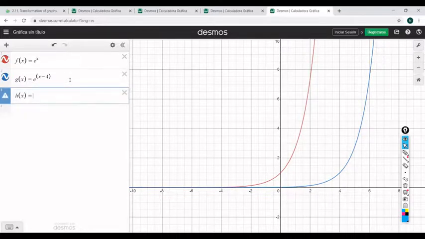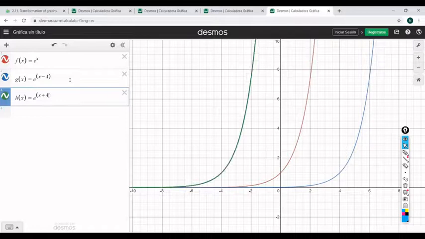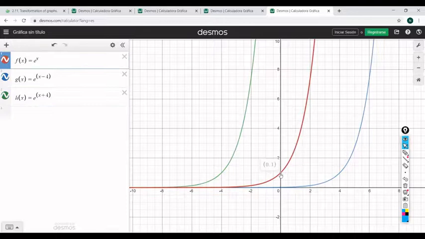If I want to do the opposite, like shifting to the left, I'm gonna need to add 4 units to my variable x, and we get this new shifting by 4 units. How do you know it's 4 units? Well, look at this point, it's (0, 1).